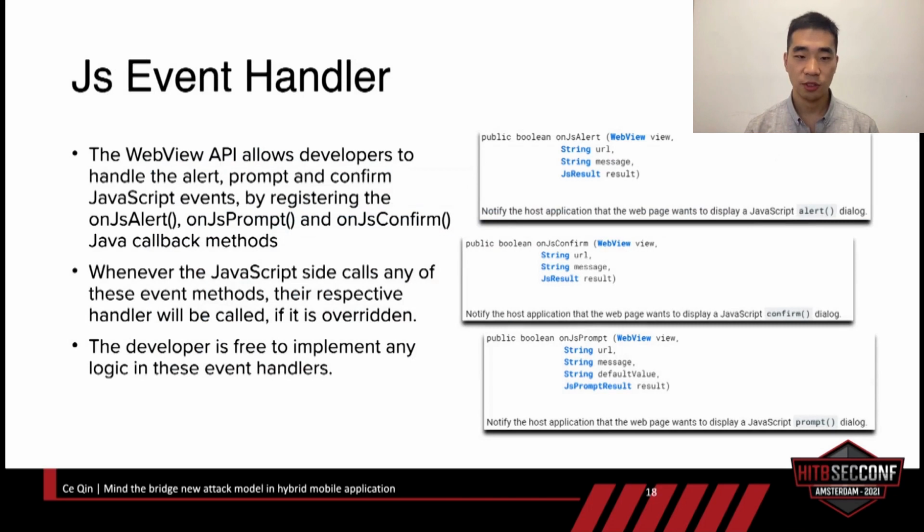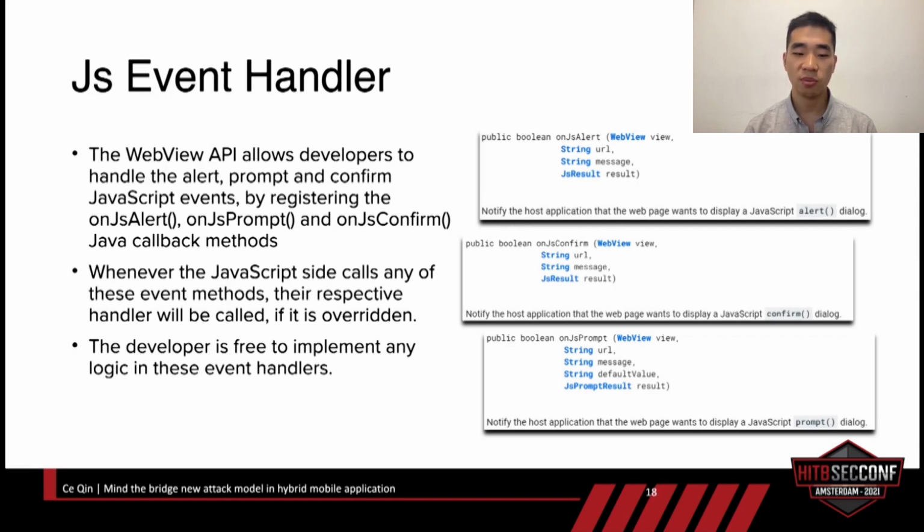The third bridge, JS Event Handler. The WebView API allows developers to handle the alert, prompt, and confirm JavaScript events by registering the onJsAlert, onJsPrompt, and onJsConfirm Java callback methods.